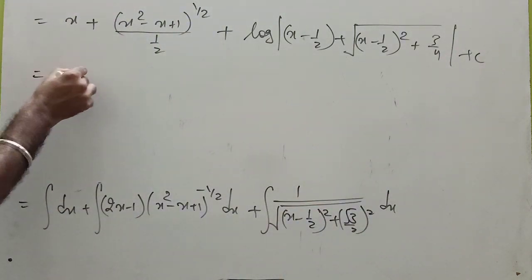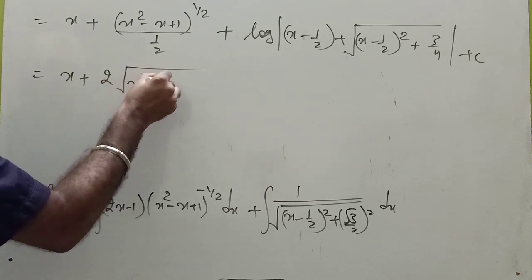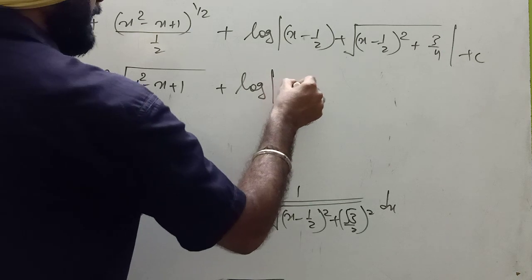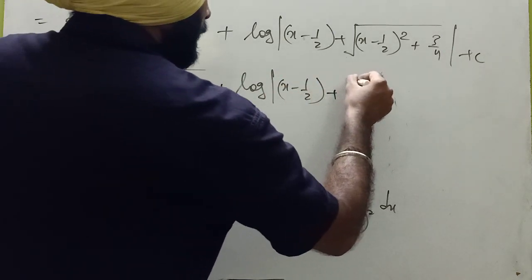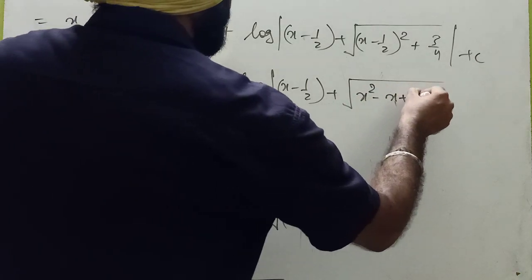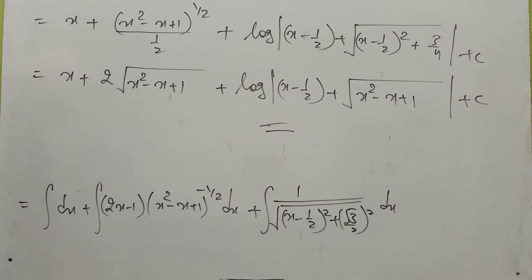And the final step is x plus 2 times under root of x square minus x plus 1 plus log mod x minus 1 by 2 plus under root of x square minus x plus 1 plus c. So in this way you can solve quadratic over quadratic.